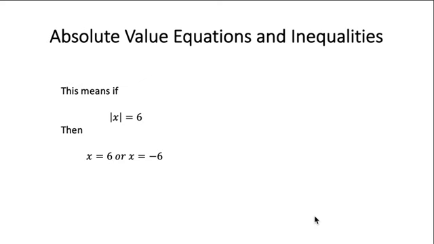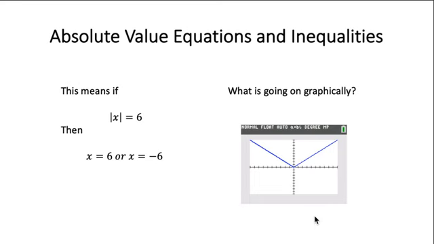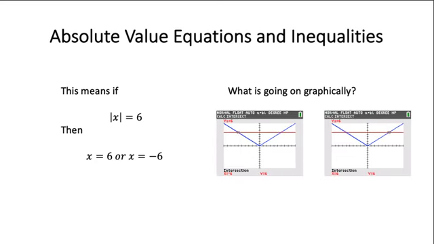What's going on graphically? Let's look at that real quick. So graphically, if we graph the absolute value of x, that graph looks like this. Now, we want to know, when is the absolute value of x equal to 6? So here's the equation for y equals 6.